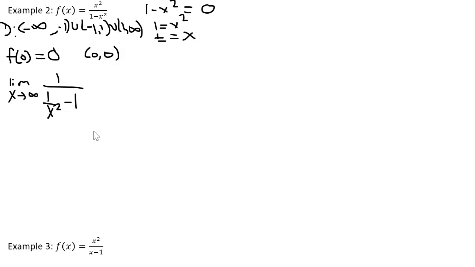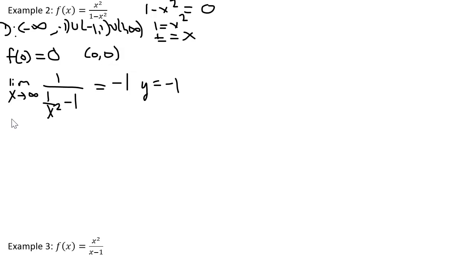We know that the limit as x approaches infinity of 1 over x squared is 0. That's going to get closer and closer to 0 as x gets infinitely large, which leaves us with a limit of negative 1. So my horizontal asymptote is negative 1.